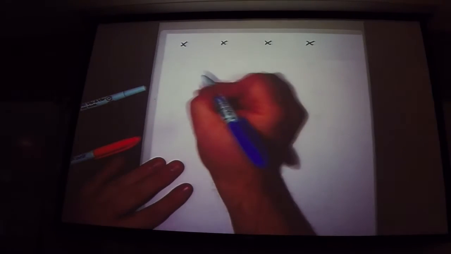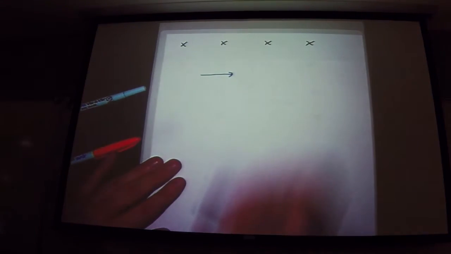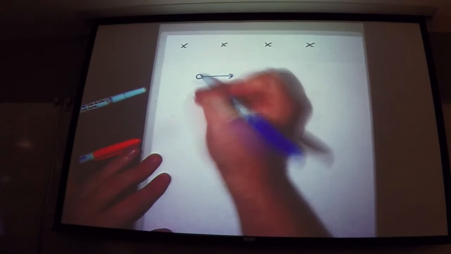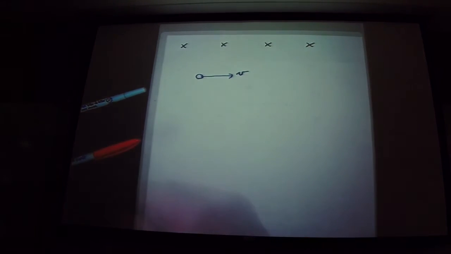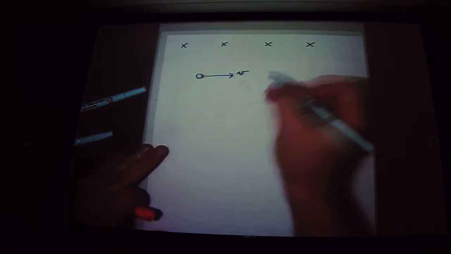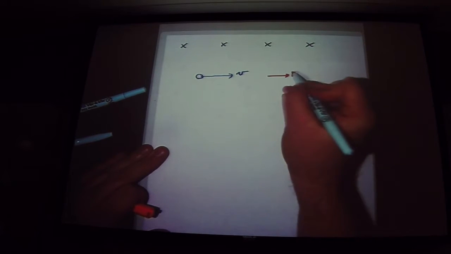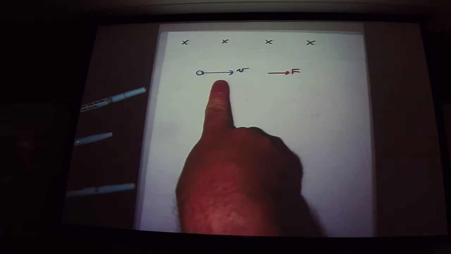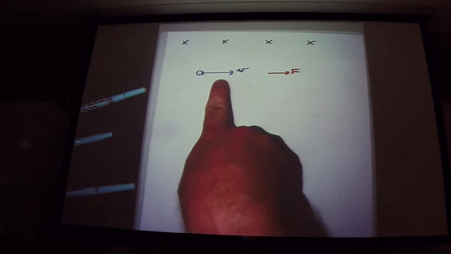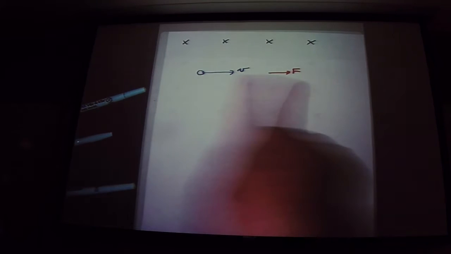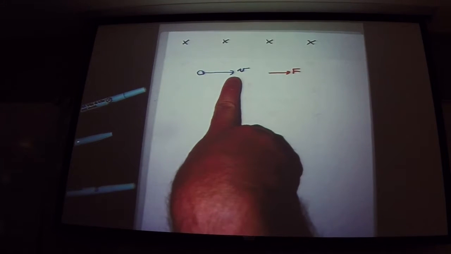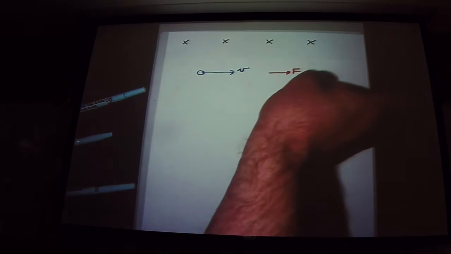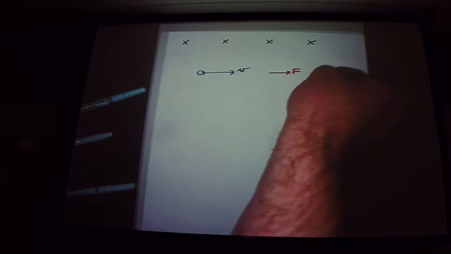If I have an object that's moving to the right with a velocity v, and I put a force in the direction of the velocity, the velocity will increase, because the acceleration will be in the direction of the force.